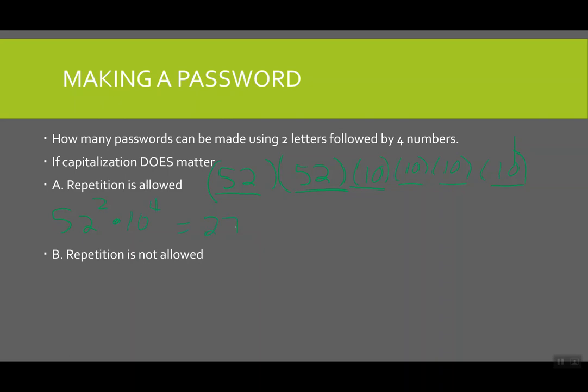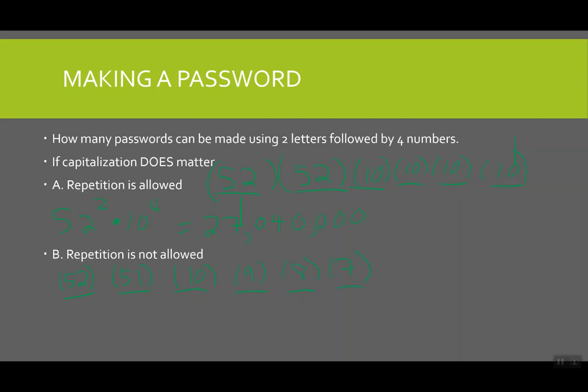So here's what I have, 27040000, and let's count 1, 2, 3, 1, 2, 3. So there's 27,040,000 choices if I change to upper and lowercase. Again, we know what happens when we take away the repetition. Now I have 52 choices, followed by 51, and then 10, 9, 8, 7.